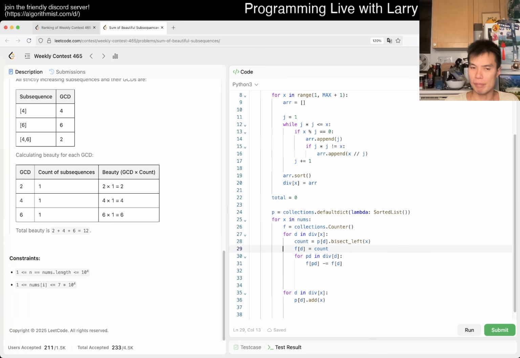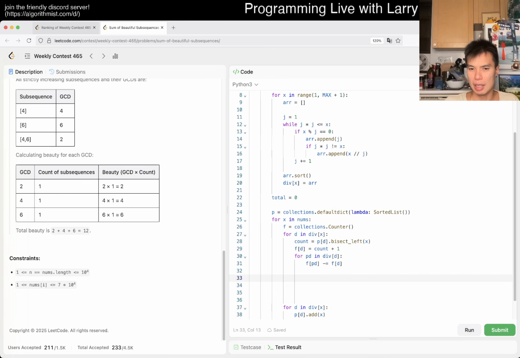Yeah. I need to add 1 to this. This is the previous. I want to add 1 to this for the current number that we don't add. Even if we add it, it doesn't show up anyway, so it doesn't matter because it's the bisect left.